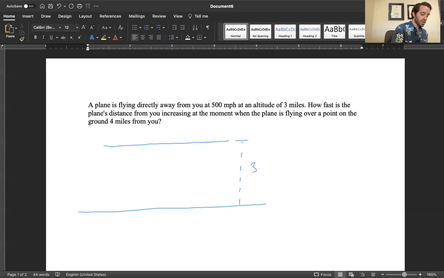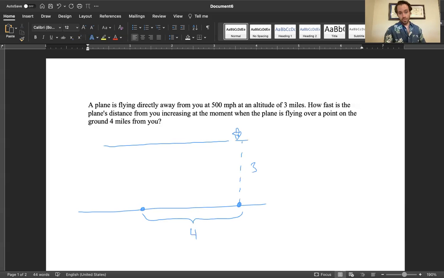And how fast is the plane's distance from you increasing at the moment when the plane is flying over a point on the ground 4 miles from you? Well, if you're right here, then let's say that this point right here is where the plane is flying over. So the plane, I'm the worst artist in the world. So let's say plane, yay, there's my plane because it has wings.